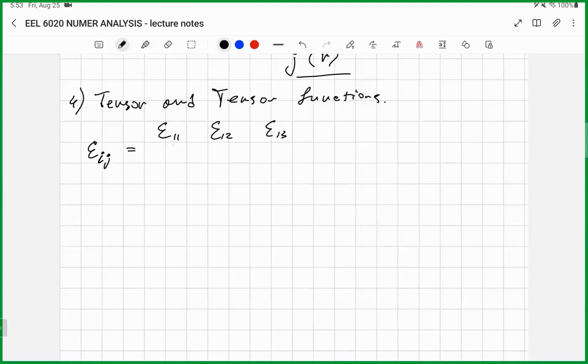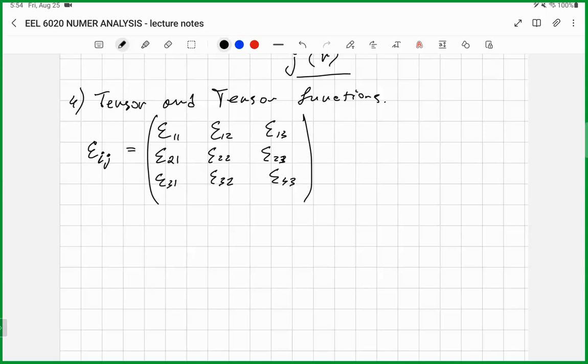So this is the first element at first row, first column. This one is the first row, second column, etc. So the second row is epsilon 2 1, epsilon 2 2, epsilon 2 3, epsilon 3 1, epsilon 3 2, epsilon 3 3.